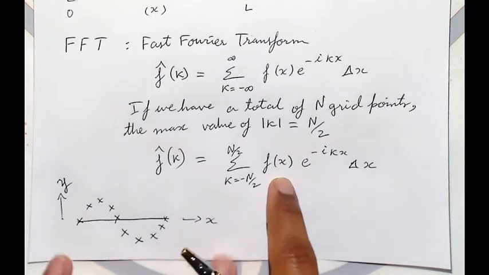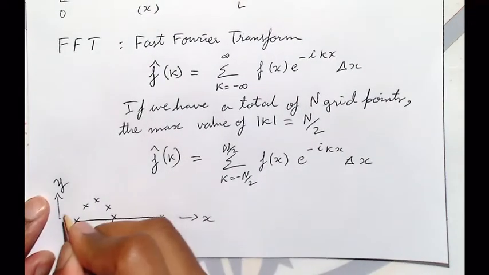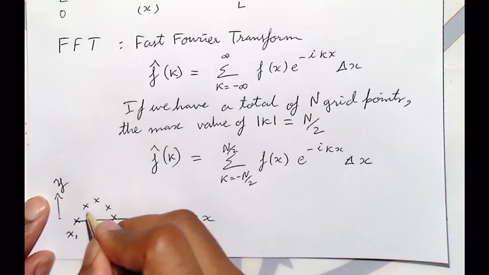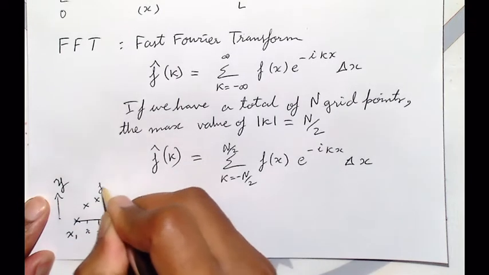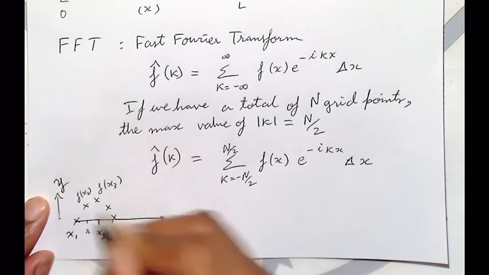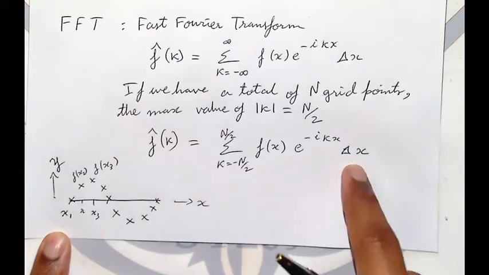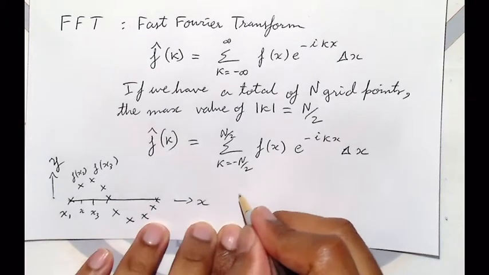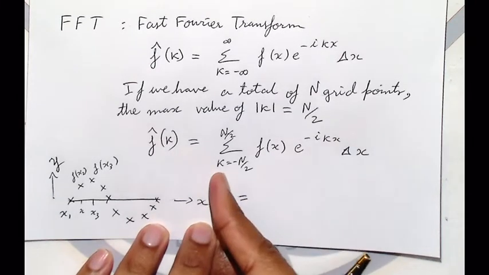So what would you do? You would take, so this is x1, this is f of x1, this is x2, this is x3, this is f of x2. Okay, so we can basically plug these x and f of x's in this summation. Why did I write kappa? This is not right.